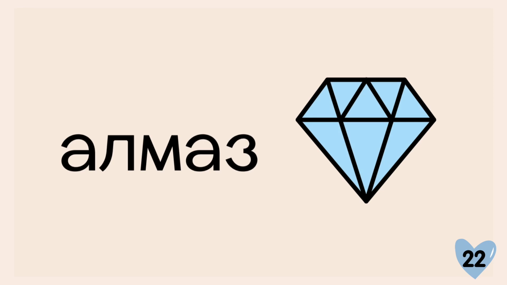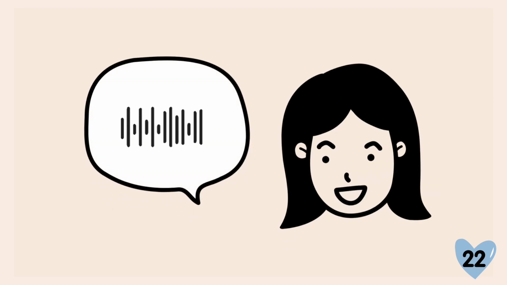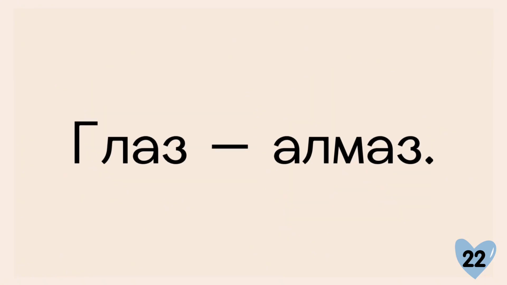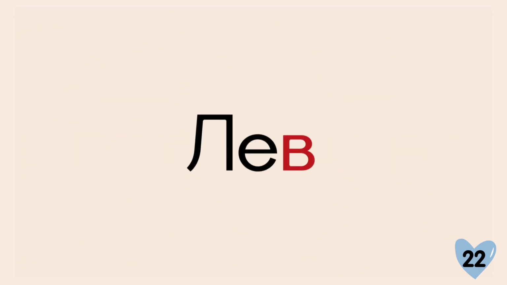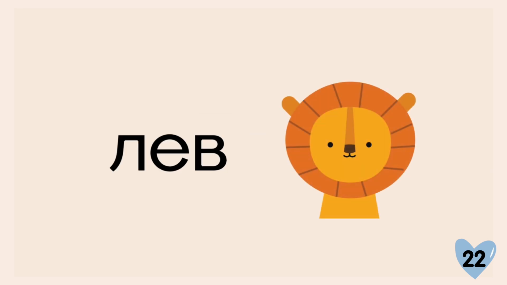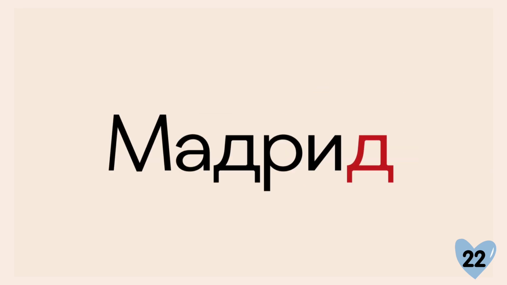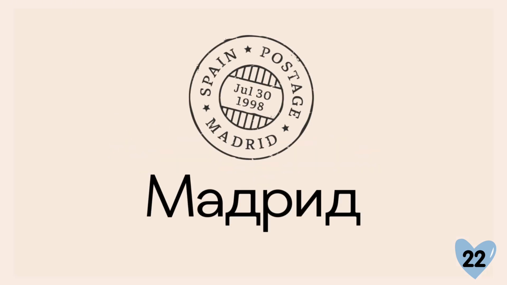And by the way, in Russian we have an expression, глаз алмаз. That means you have a really sharp eye. The next word is Lev. It's a male name, literally means lion. The last one, Madrid. It's the capital of Spain.